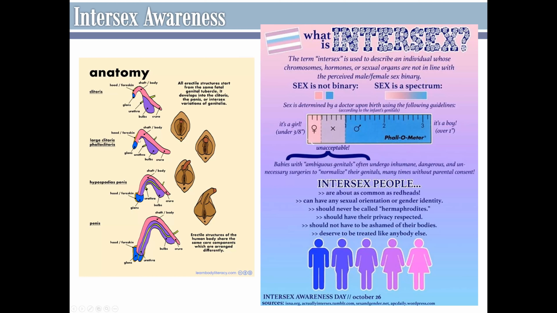So you could have a baby born with a very large clitoris, for example, and you can even have a baby born with an sort of an undersized penis that even has the urethra coming out of the bottom rather than at the tip. So there are a whole range of different types of genital anatomies that you can see, and they are all normal. And so we shouldn't stigmatize people who are just born with things that we're not used to talking about or seeing.